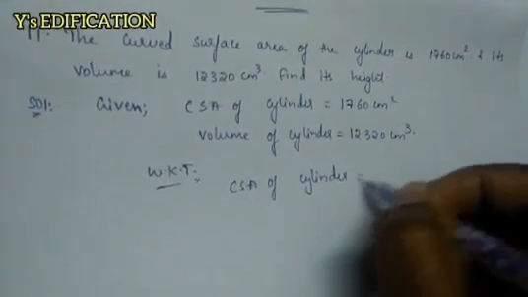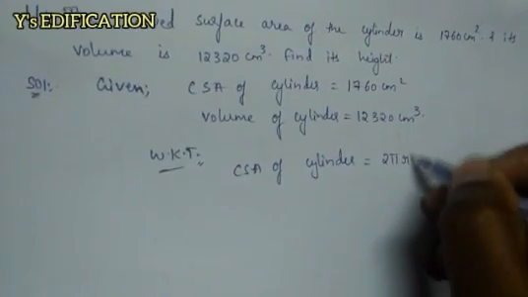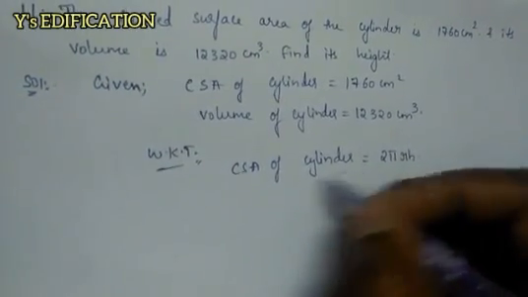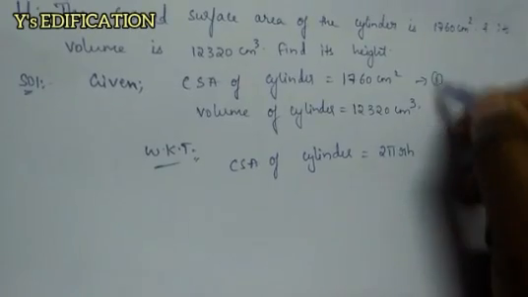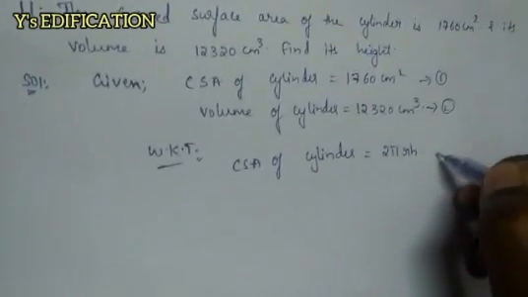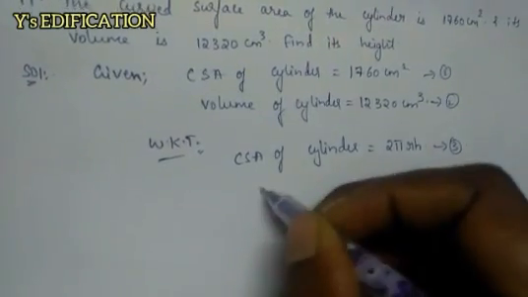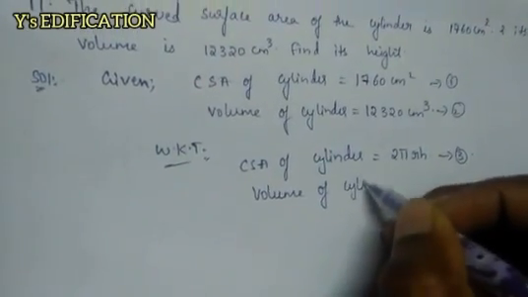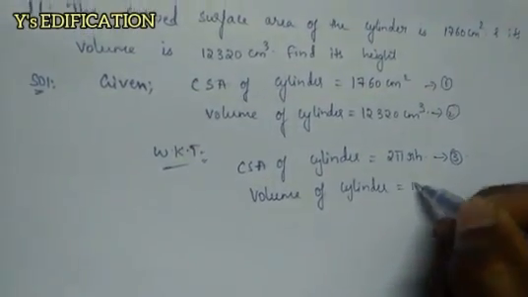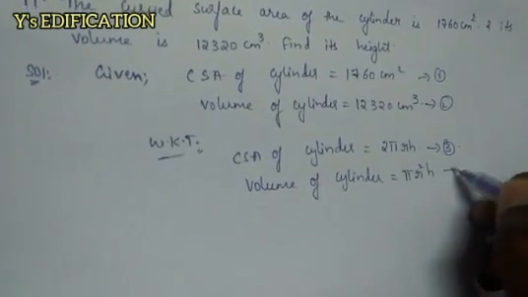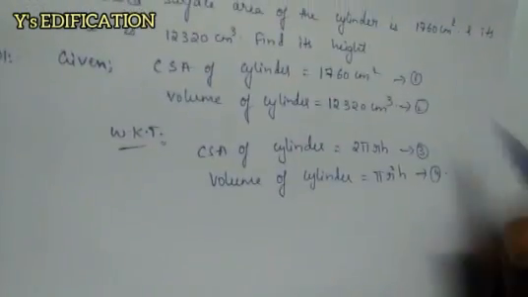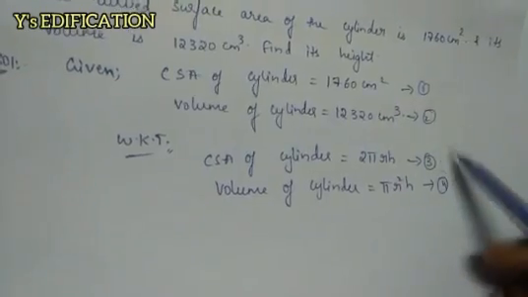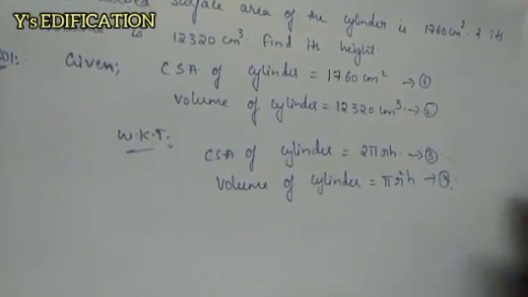CSA of a cylinder is equal to 2 pi r h. So this is equation 1, this is equation 2 and this will be equation number 3. And what is the volume of cylinder? Volume of cylinder formula is pi r square h. This is equation 4. Now we can equate equation 1 and equation 3, equation 2 and equation 4.